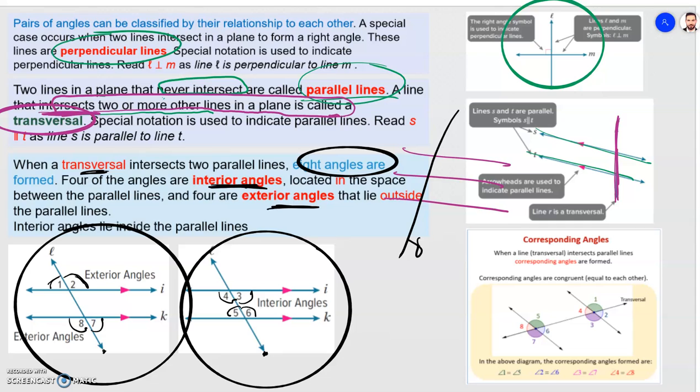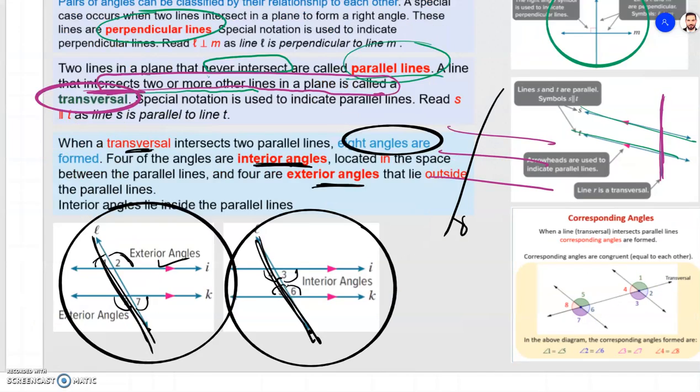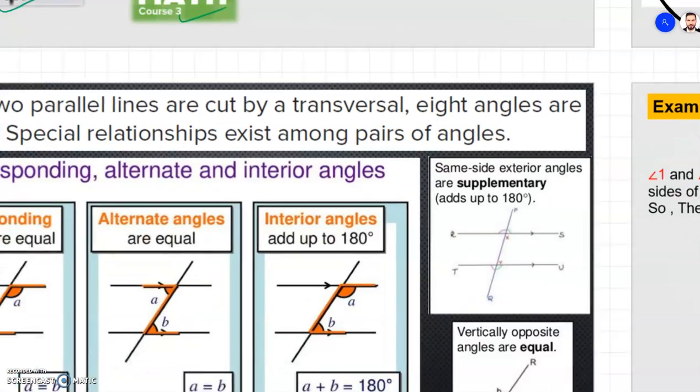Please read this part very well and understand from me: interior angles are inside the parallel lines, exterior angles are outside the parallel lines, and we have the transversal, which is the line that intersects two or more parallel lines.